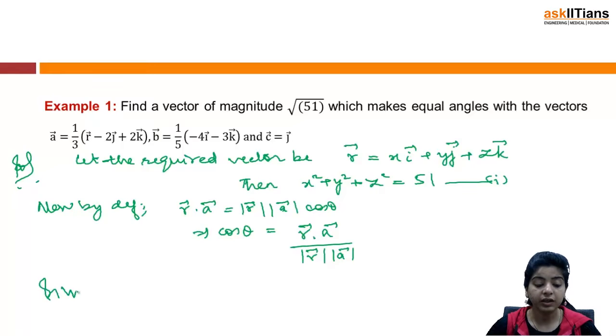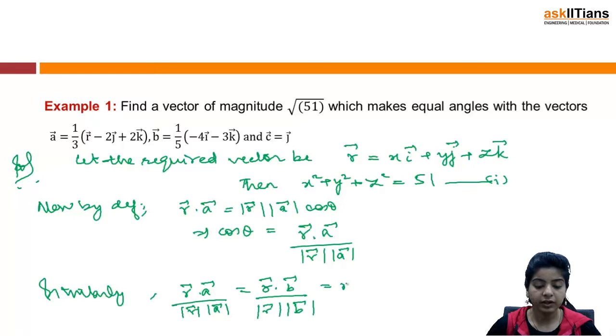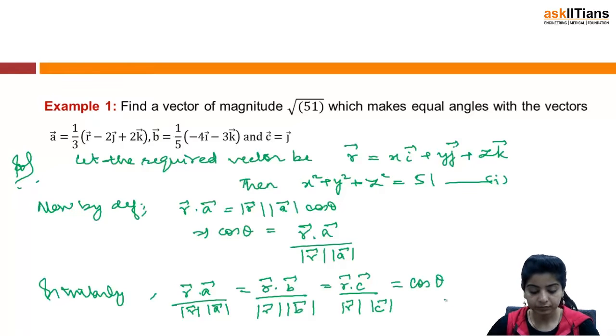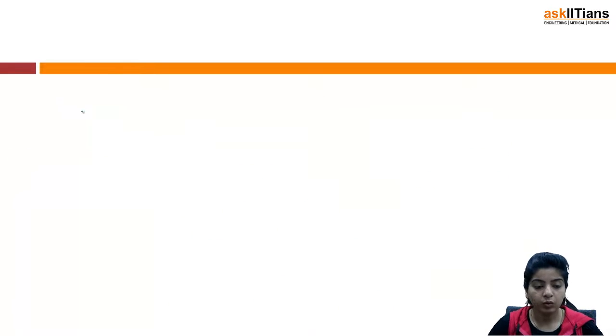Similarly for B we'll have the same thing, and a similar thing for C. R dot A by this quantity is equal to similarly for B and similarly for C, and this is equal to cos theta.